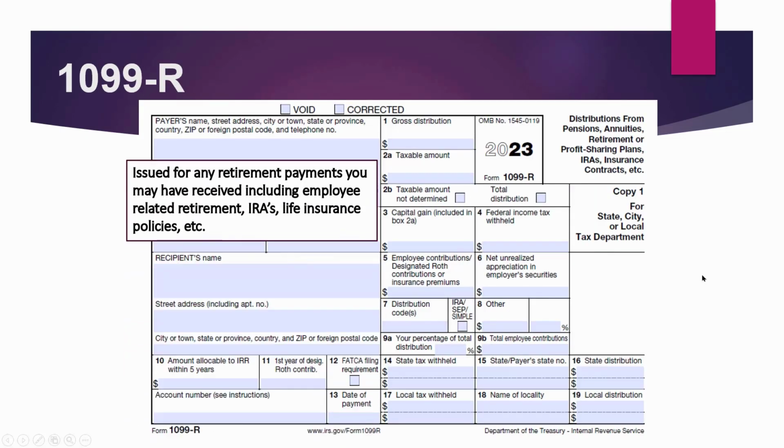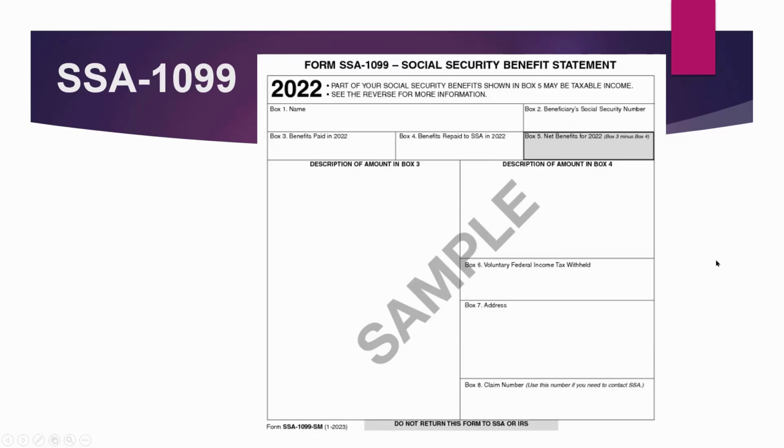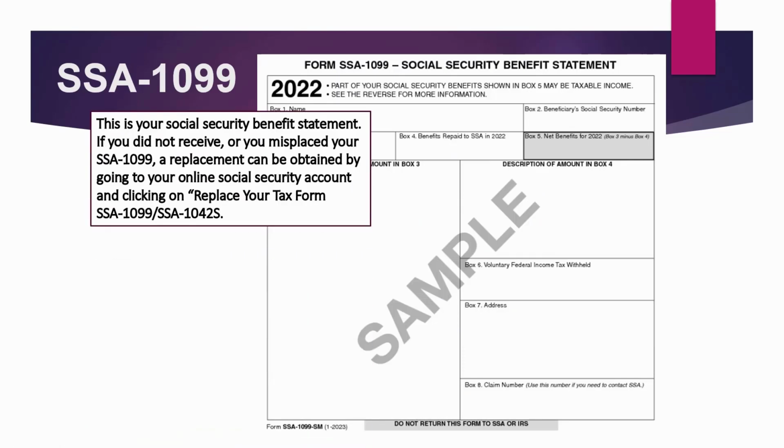1099-R, issued for any retirement payments you may have received, including employee-related retirement, IRAs, life insurance policies, etc. SSA-1099. This is your Social Security benefit statement.